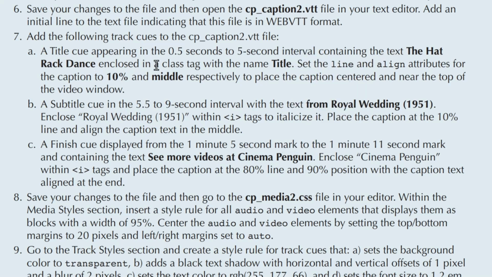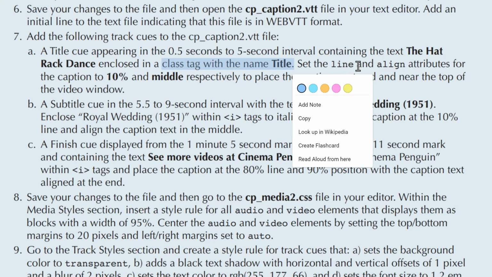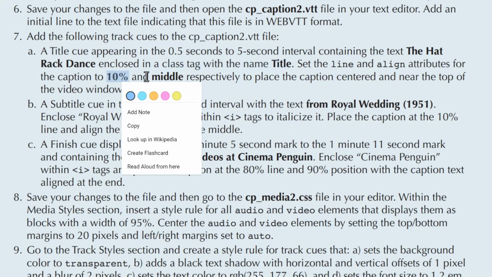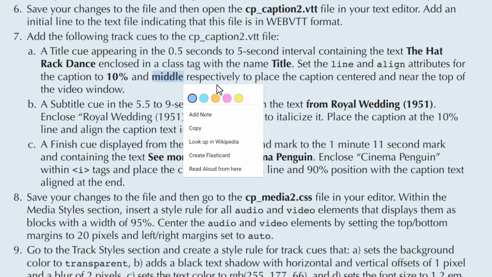It'll be enclosed in a class tag that will have the name title. We'll set the line and align attributes for caption to be 10% down as far as line, and then the align value set to middle. And that'll place the caption centered near the top of the video window. So here's our title cue.